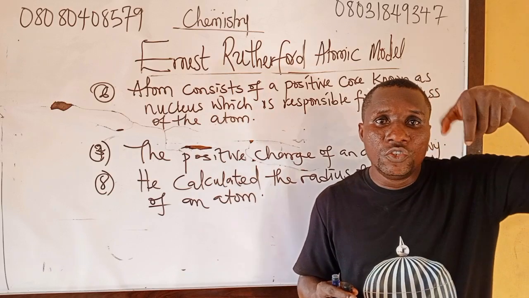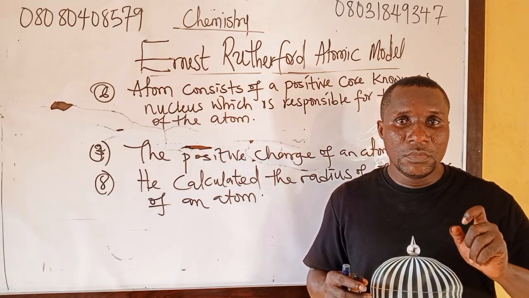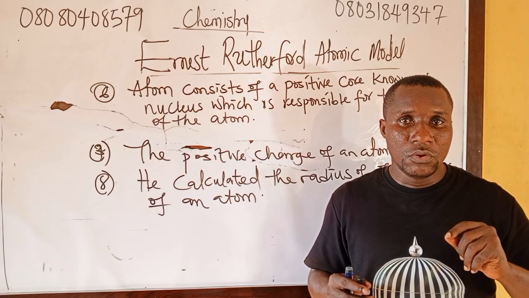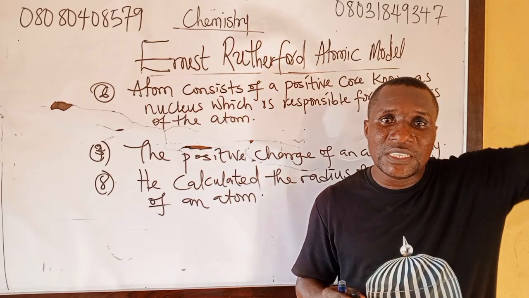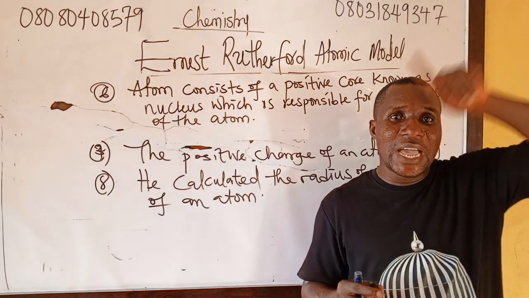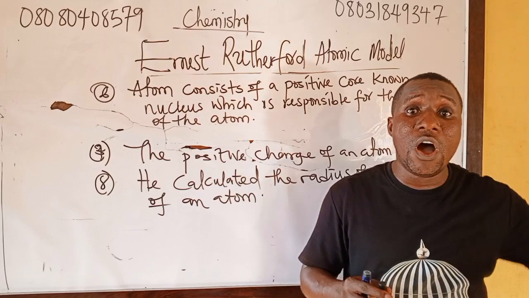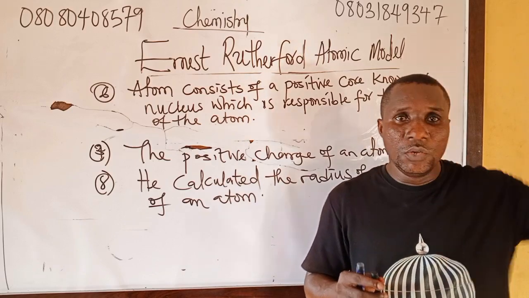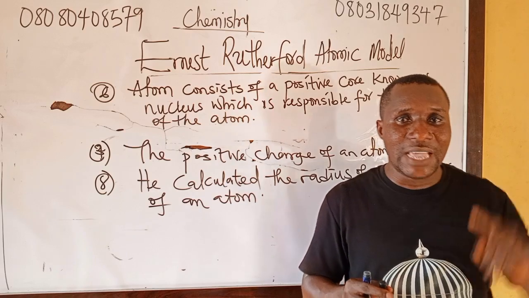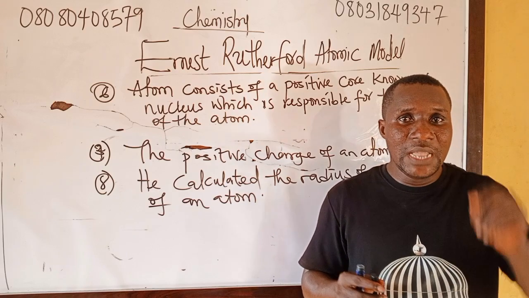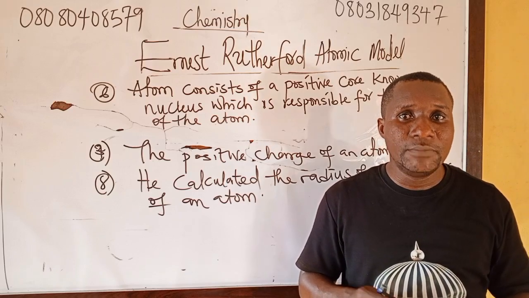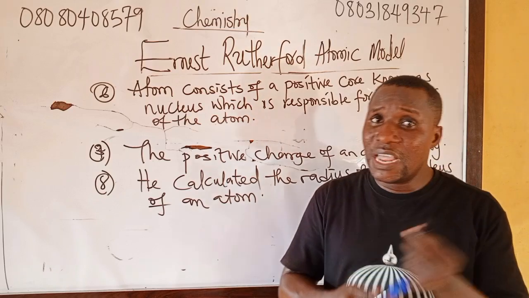He discovered the nucleus of an atom, that the nucleus of an atom is a positive core. And he revealed that proton is inside the nucleus of an atom. And he discovered that electron revolve around the nucleus in form of a solar system. Then he now said most spaces in an atom are empty.